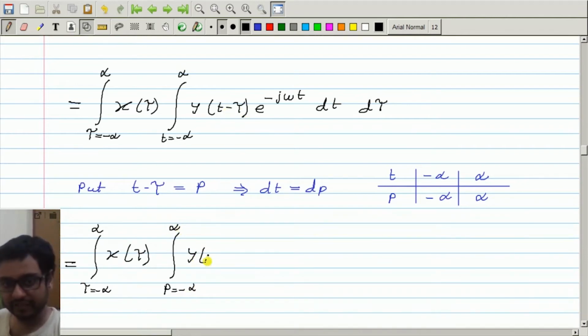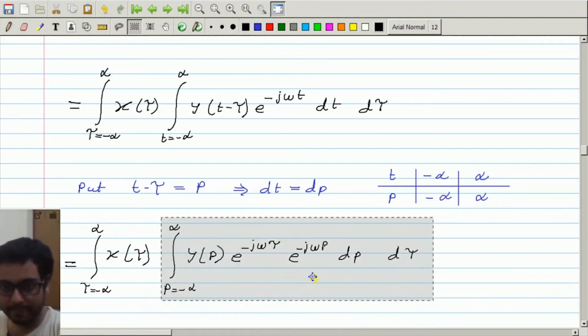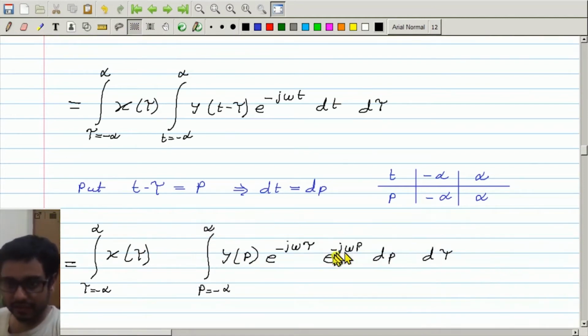This will become p, and e to the power minus j omega. In place of t, I will put tau plus p in this way, tau and then e to the power minus j omega p. Then dt is dp and d tau as it is. Now you observe that this e to the power minus j omega tau does not depend on p.